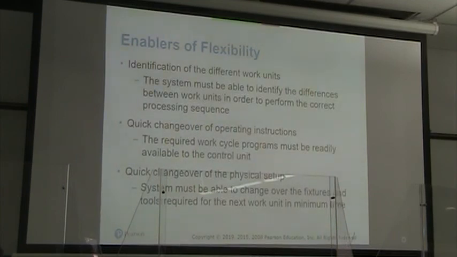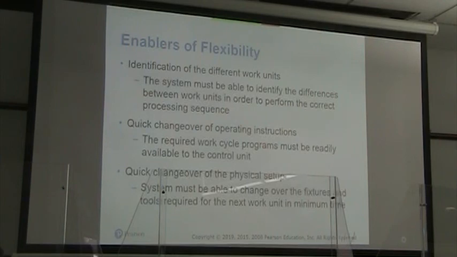All right, to enable our flexibility, first of all, we have to be able to identify what are the different work units. If we can't identify the differences between work units, we won't know what is the correct processing sequence.